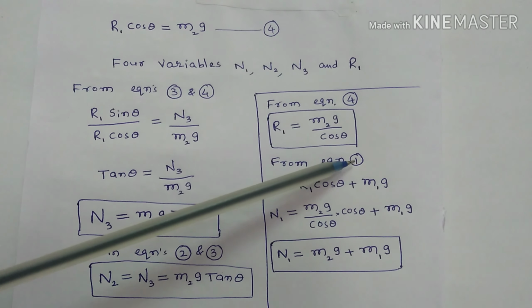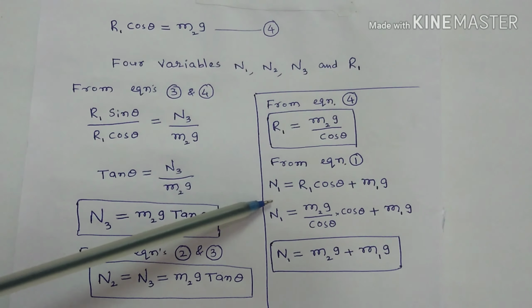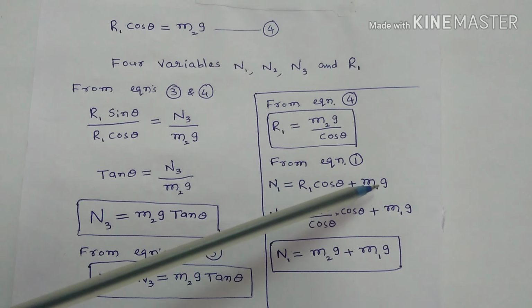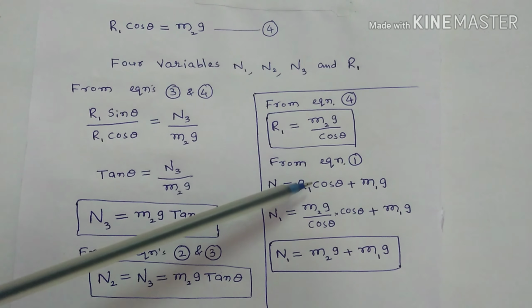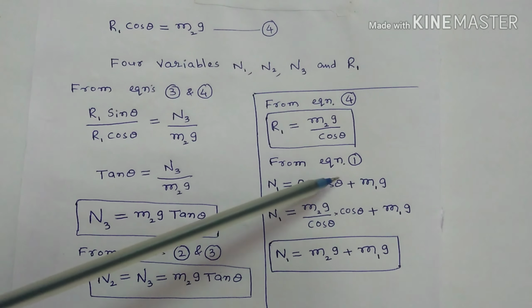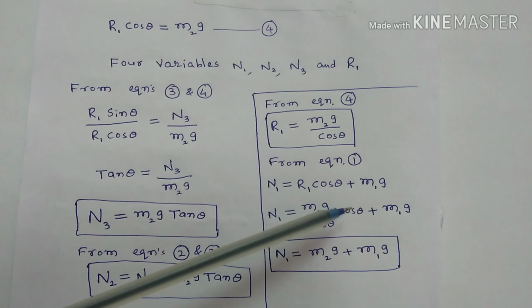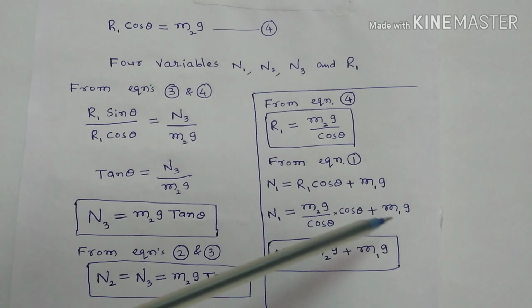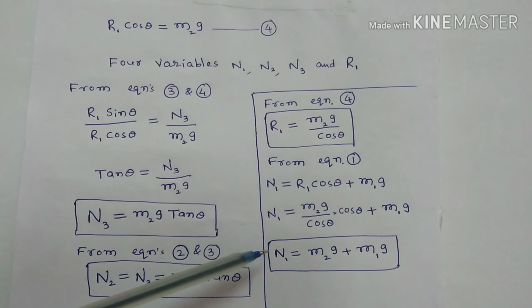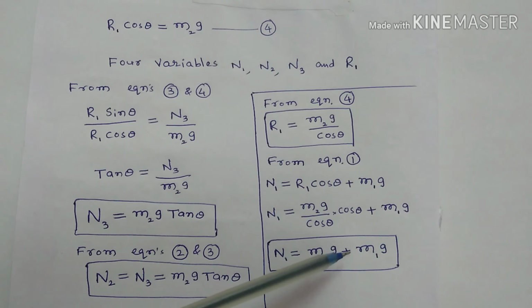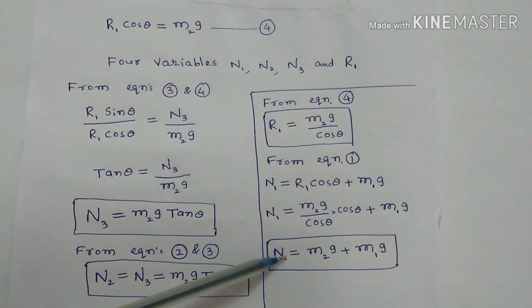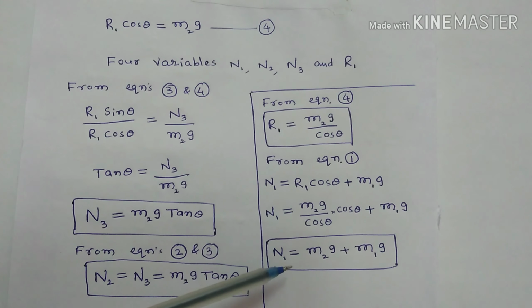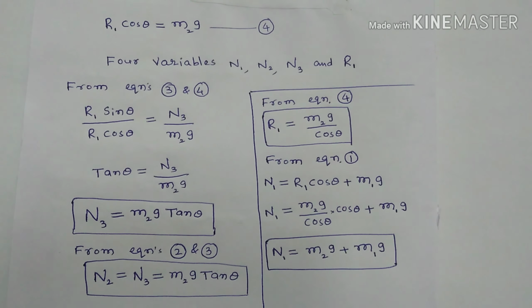From equation 1, N1 equal to R1 cos theta plus M1G. R1 I am substituting here. N1 equal to M2G divided by cos theta into cos theta plus M1G. Cos theta cancels. N1 equal to M2G plus M1G. Initially I told you this. We have proved it ultimately. This is the beauty of mathematics.